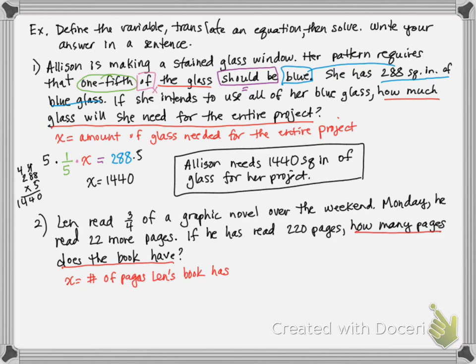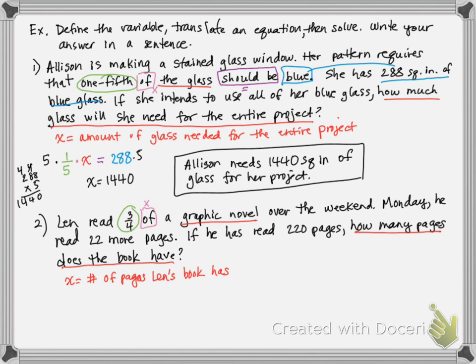All right, let's see. Wow, starting off in the first sentence, they already gave us some information. It says he read 3/4 of, oh, there we go again. That's our multiply word. A graphic novel. Ooh. So that is going back to our unknown. So the novel, that's the book, and he read 3/4 of it over the weekend.